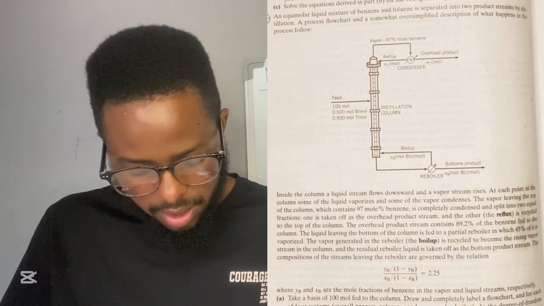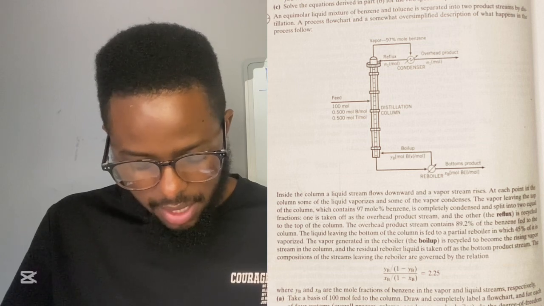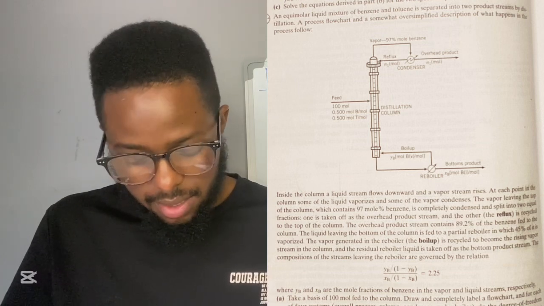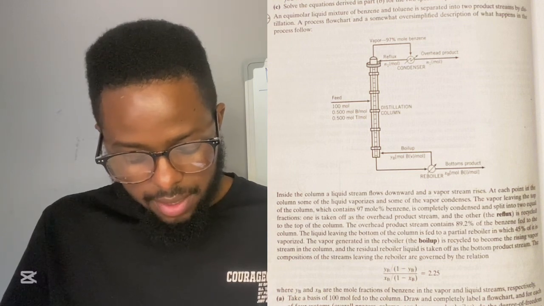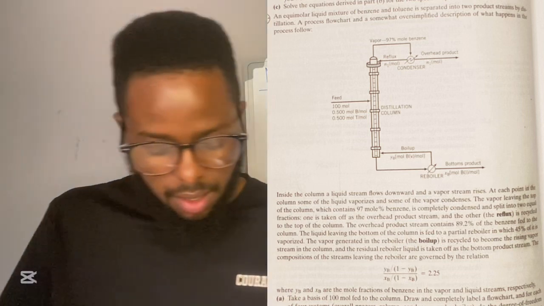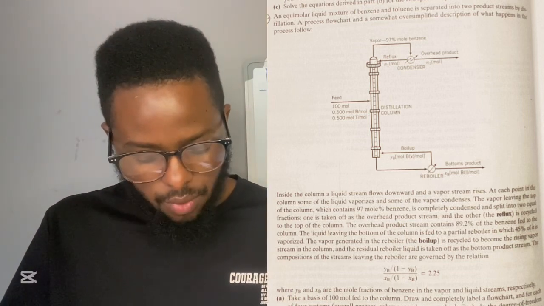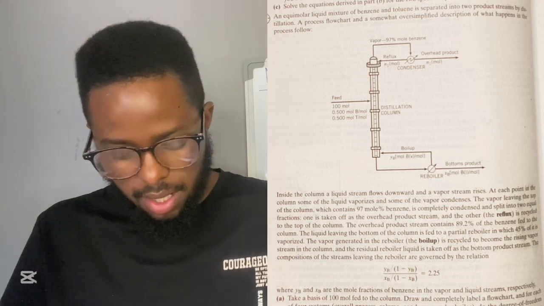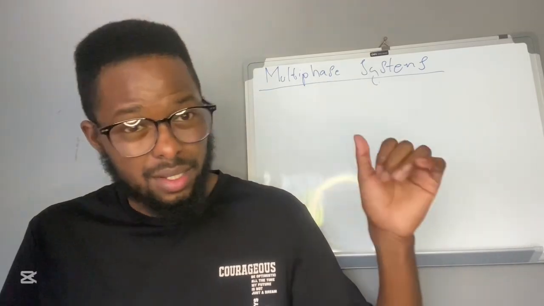At each point in the column, some of the liquid vaporizes and some of the vapor condenses, right? The vapor leaving the top of the column contains 97% mole benzene, is completely condensed and split into two equal fractions. One is taken off as overhead and the other is taken off as reflux, goes back into the distillation column.